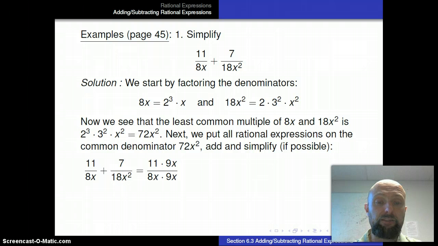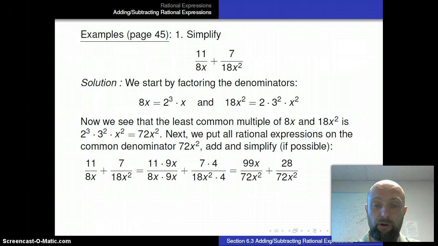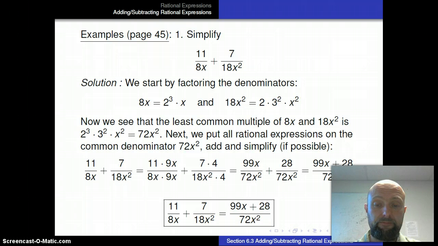For the second fraction, we need to put that on common denominator 72x squared. Since 72x squared over 18x squared is 4, we multiply numerator and denominator by 4. We work this out, and we get 99x over 72x squared plus 28 over 72x squared. Since we have the same denominator, we can just add the numerators. And this is our final answer.